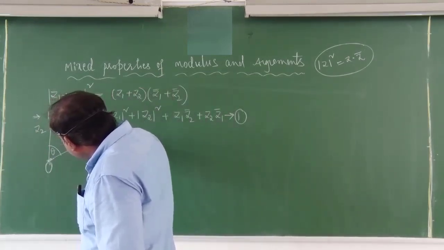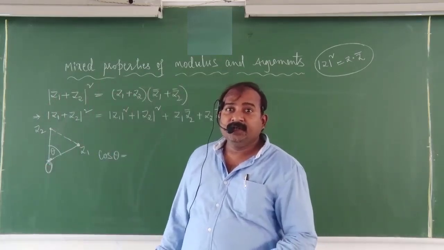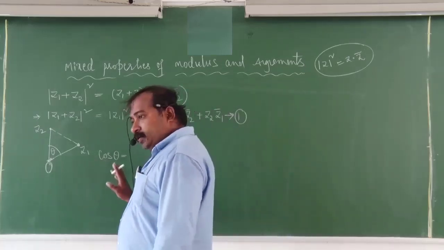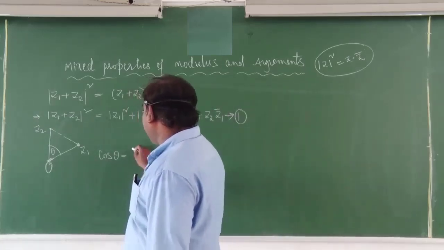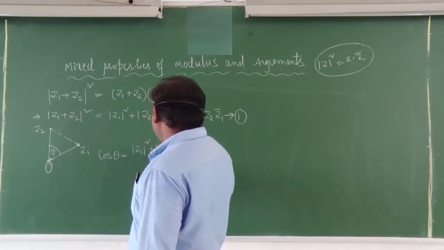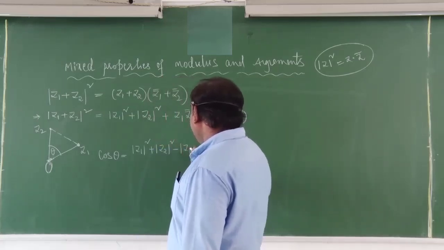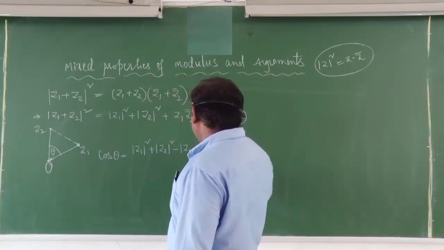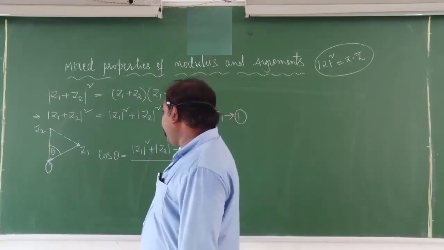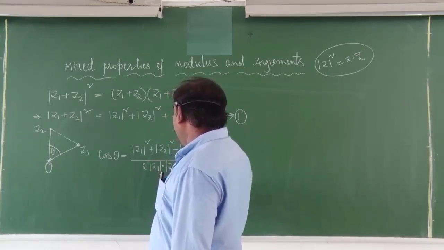This is the distance between the 2 points, meaning modulus of Z1 minus Z2. According to the cosine rule, tell me what you will get. Cos theta equals mod Z1 square plus mod Z2 square minus modulus of Z1 minus Z2 whole square, by the denominator 2 into mod Z1 into mod Z2.